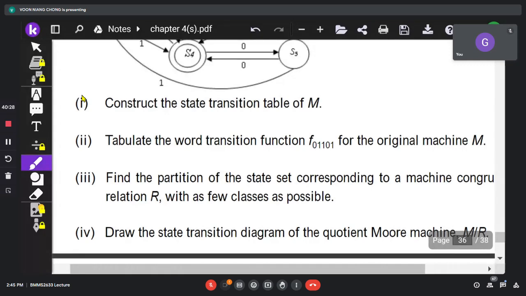Then S4, we have 5 and 3. And the last one, S5, we have S4 and S3. Then you can draw the diagram referring to this table. You can draw, right? Okay.